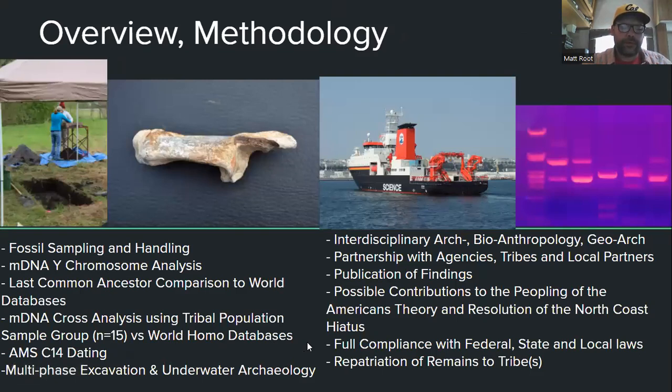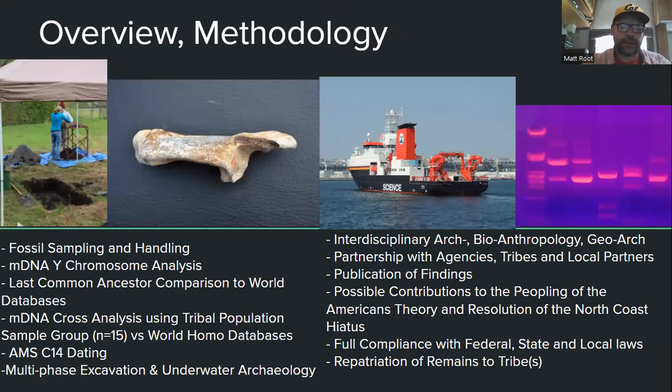An overview of the first part of these two-part investigations includes the use of some conventional onshore archaeological methods of excavation, sampling, and testing of newly identified late Pleistocene sites under interdisciplinary archaeological methods.